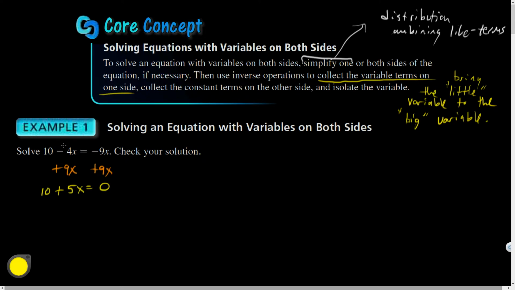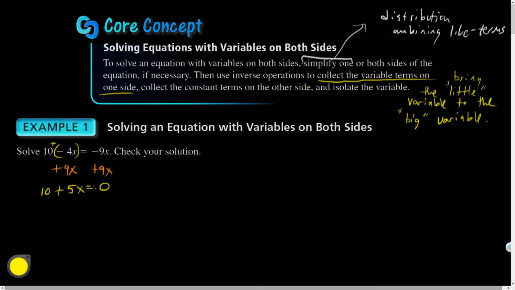I was imagining this as 10 plus like a -4x, and then I combined the -4x and 9x to be 5x. Also, sometimes when students have 0 show up on one side of their equal sign, they actually will completely forget to write the equal sign. They'll just stop writing all of this, and then they get super confused because then there's no longer two sides of their equation. So be careful. When things cancel out completely on one side, it becomes 0.